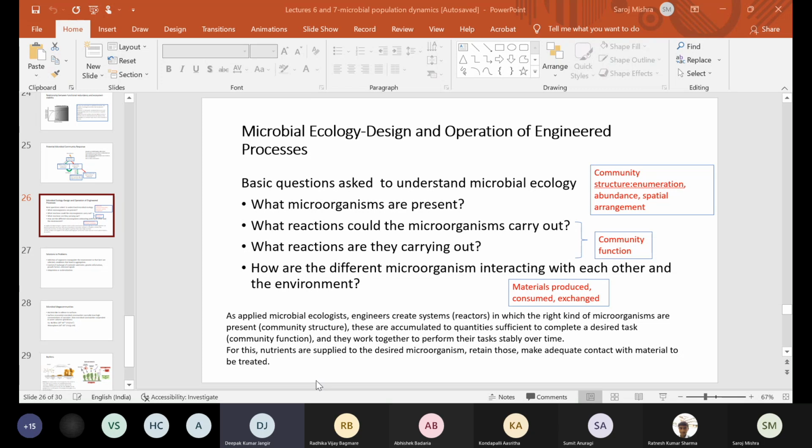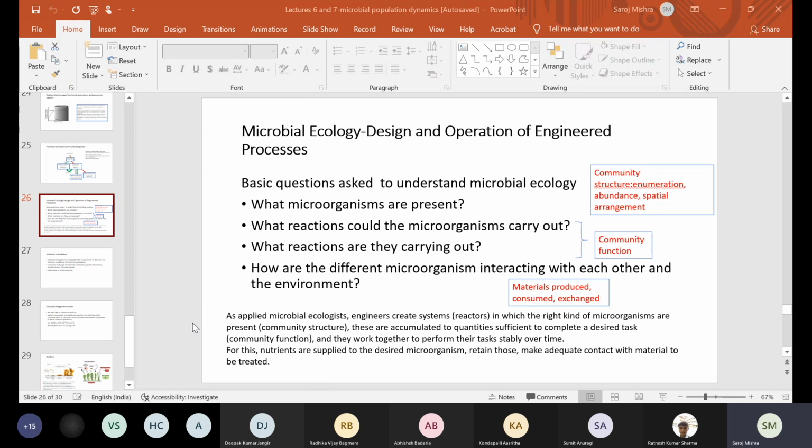So we sequence the gene which encodes for the ribosome. Every organism will have a different ribosome according to variations in its 16S ribosomal RNA, and on the basis of these variations we can decide how many different microorganisms are present in the community. Certainly, very good.